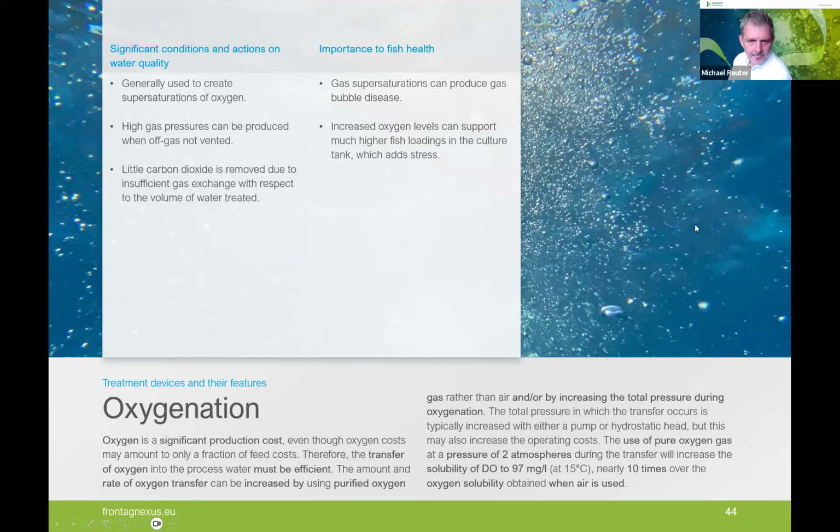And the background of oxygenation is that it does not degas the process water as aeration does. So we might run into problems with supersaturation of gases that can produce bubble diseases in our fish. That's why we always have to have a degassing unit before supersaturating the process water with oxygen, so that we don't have a total gas pressure that gets too high for the fish.